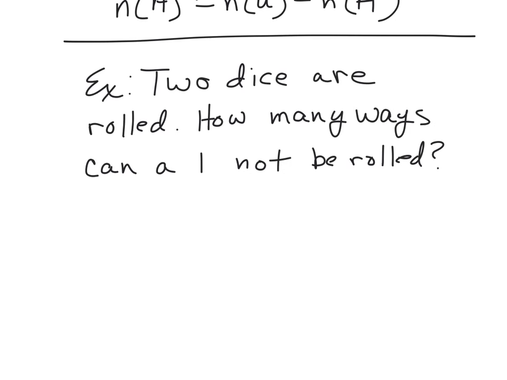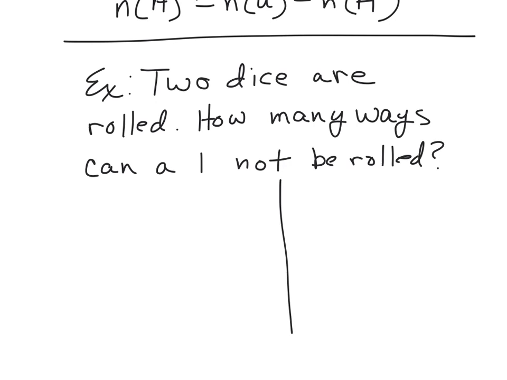Okay, so you guys are a quiet sort, so I'm not going to ask for this answer out loud, but I want you to think about this question for a moment. My question to you would be, what's the complement of not rolling a 1? The answer would obviously be rolling a 1. The only thing that can happen besides not rolling a 1 would be rolling a 1. So I really have 2 options here.